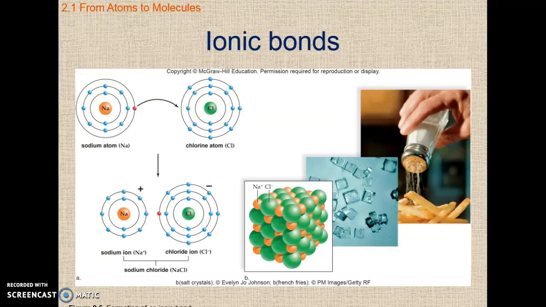So you see a picture of it here where you have sodium with all of its electrons, and you have chlorine with all of its electrons. You mix them together, and this sodium atom goes over to chlorine, and you have a compound or molecule that is now made of sodium chloride.